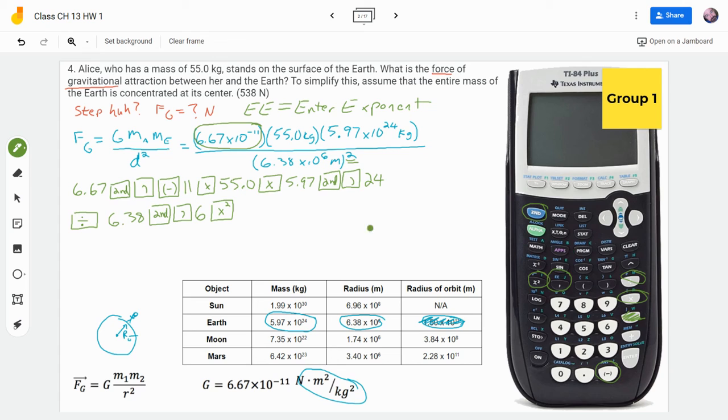And my calculator says 538.0485, et cetera, et cetera. Let's just call it 538. And what units does this have? Well, it's a force. This is newtons. So this is equal to F sub G.